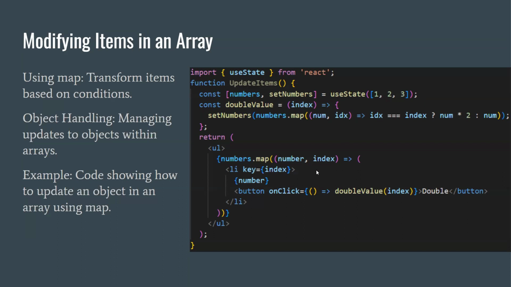And upon clicking this button, it's going to invoke doubleValue. And doubleValue is going to call the setNumbers state updater function, and it's going to call map on numbers, and it will just multiply by 2 the number it's seeing.